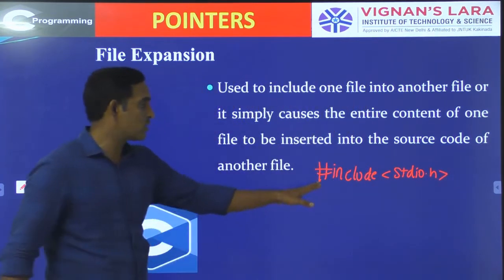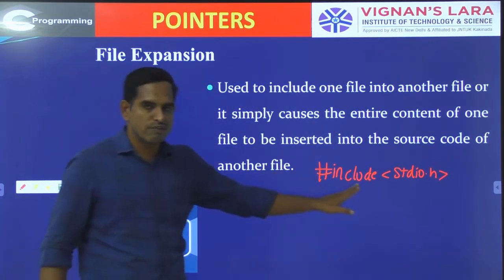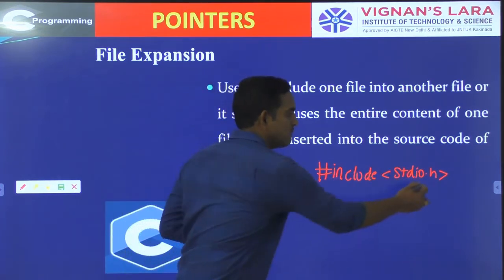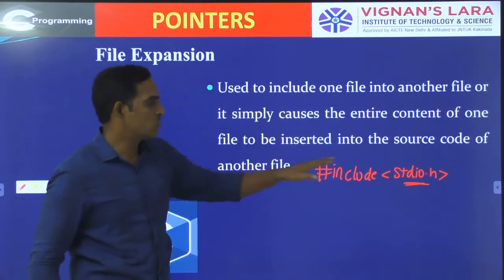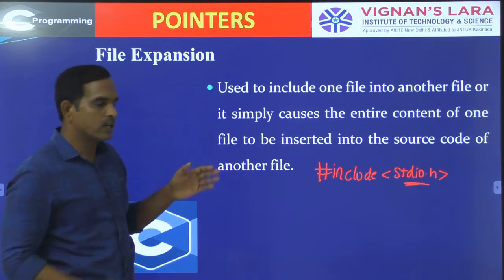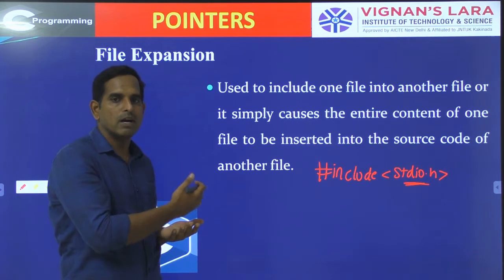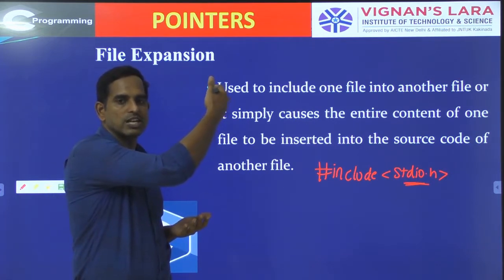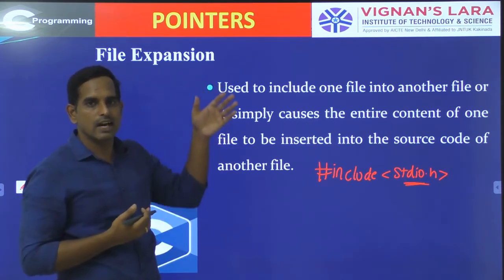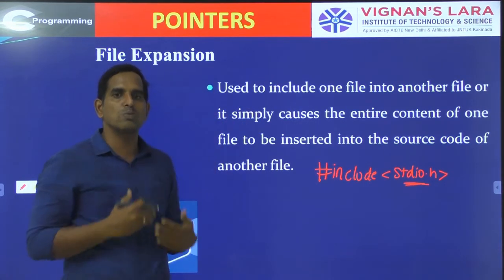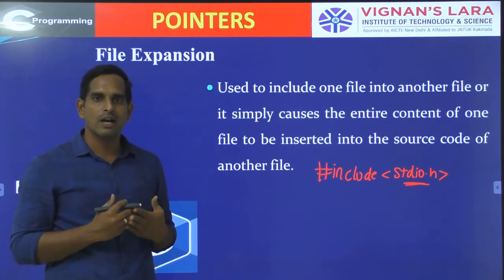So this is the include, that is your file inclusion. You will be including files here, that is, you will be specifying the files. Those files have to be included into another program. That is, if I am writing a program and you write hash include stdio.h, what you are saying is that the stdio.h header file contents have to be included in my program.